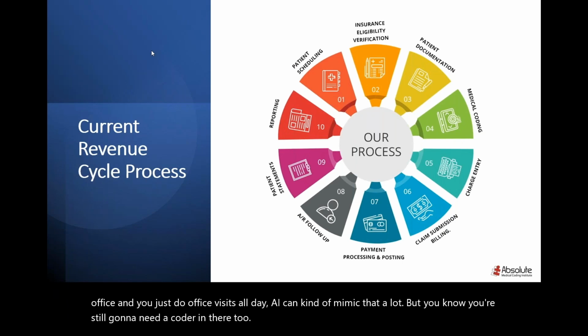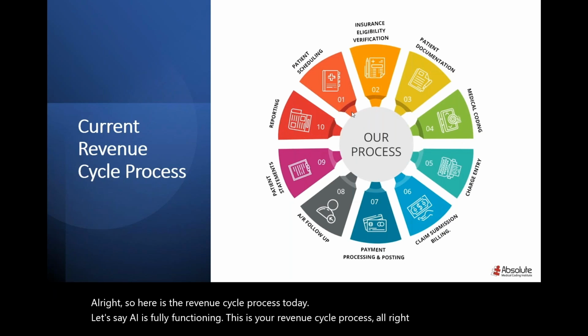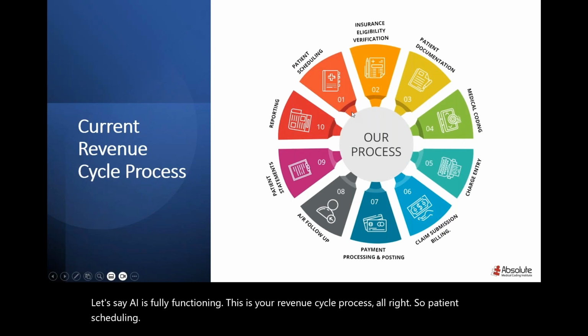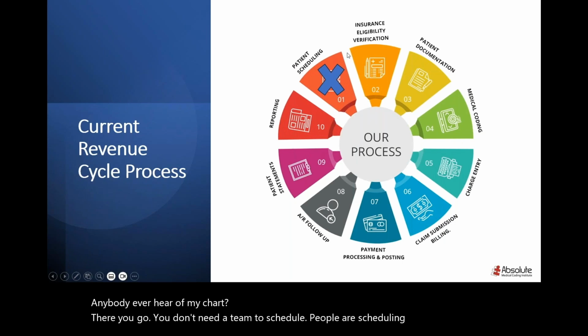All right. So here is the revenue cycle process today. Let's say AI is fully functioning. This is your revenue cycle process. All right, so patient scheduling eliminated. Anybody ever hear of MyChart? There you go. You don't need a team to schedule. People are scheduling their own appointments.